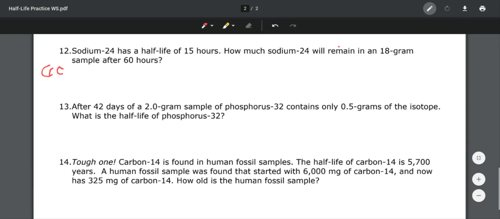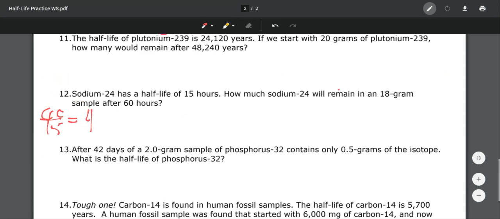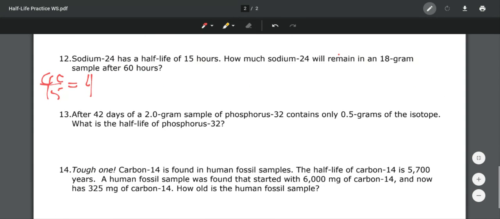If I have 60 hours and each half-life is 15 hours, that's going to be 4 half-lives. I'm counting on my fingers: 15 hours is 1, then 30, then 45, then 60. So I have to do 4 half-lives, or as I did up here, I would just draw 4 arrows.